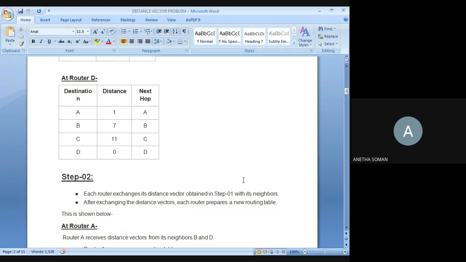Now write down message from B. On the top, towards the right, you just write down message from B. Now what is the message that you're getting from B? Karthik? What is the message that is being received from B to router A?